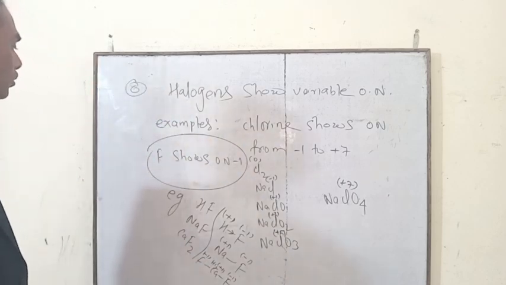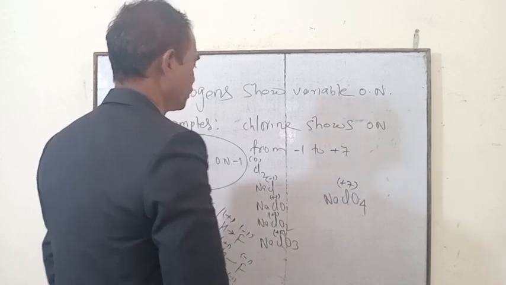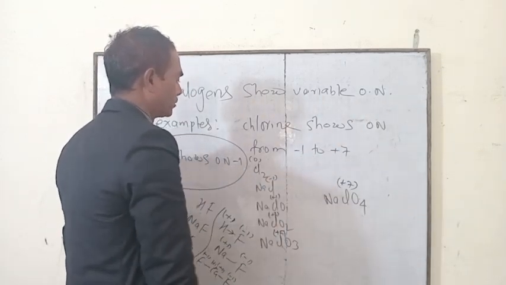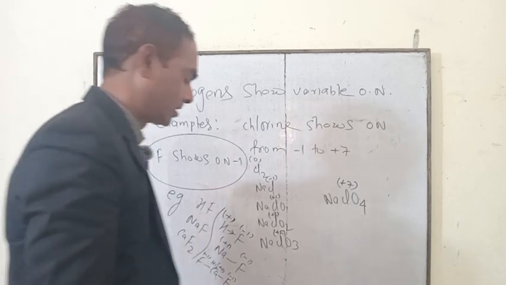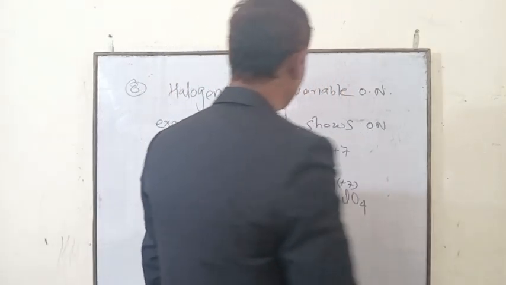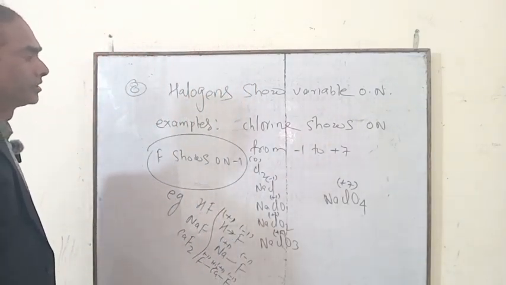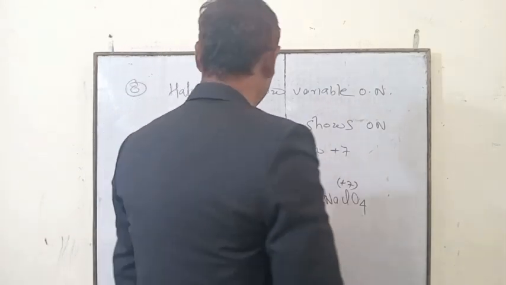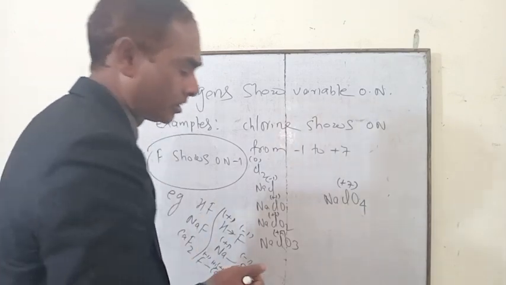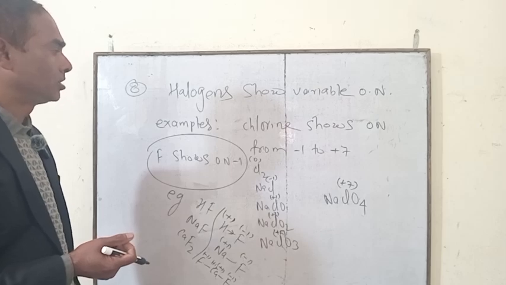In this way, fluorine always shows -1 oxidation state, but chlorine shows variable oxidation state that ranges from -1 to +7. Other compounds like phosphorus compound, nitrogen compound, sulfur compound: sulfur shows variable oxidation state that ranges from -2 to +6. In case of nitrogen, nitrogen also shows variable oxidation state that ranges from -3 to +5.